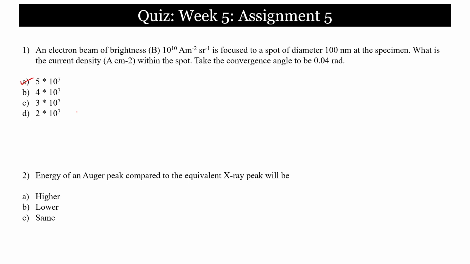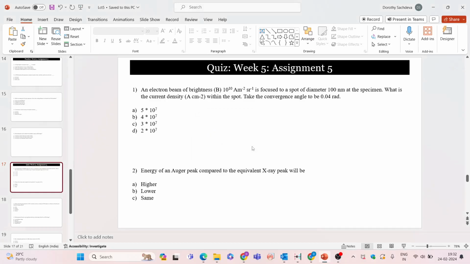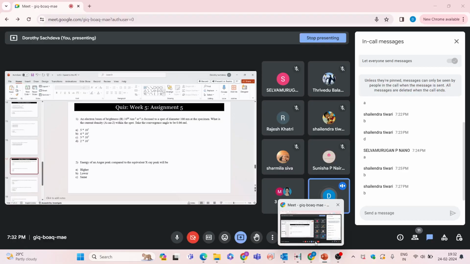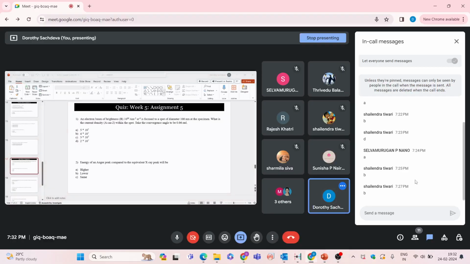Did anybody get this answer? Has anybody got option A as the correct answer? Or you are not doing the calculation? This is just simple multiplication. Rajesh, are you there?